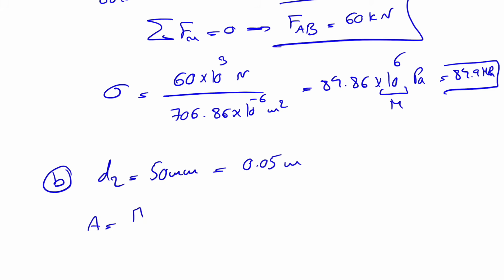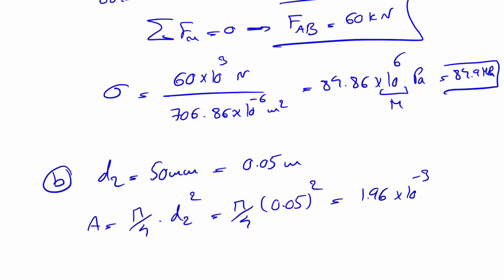The area is pi divided by 4 times D2 squared, so pi divided by 4 times 0.05 squared, which is 1.96 times 10 to the minus 3 meters squared.